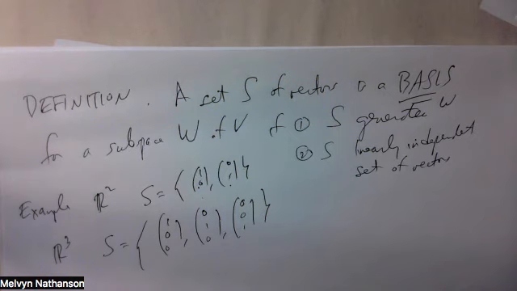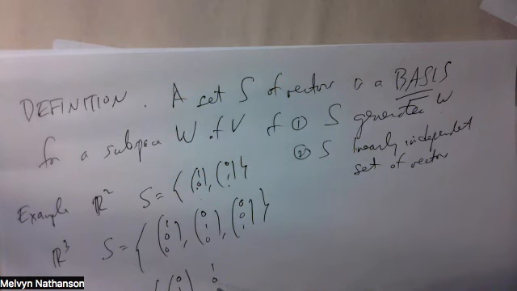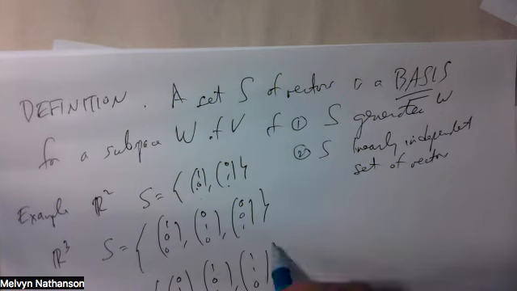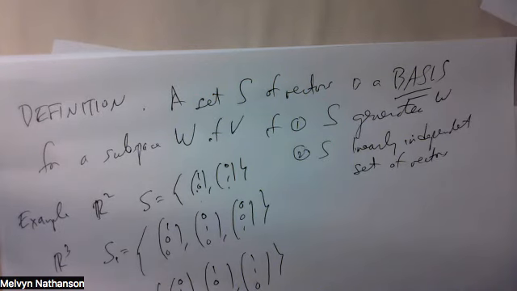In R3, this is one of the homework problems, I could take the 3 vectors (0,1,1), (1,0,1), and (1,1,0). And this is a different basis for R3, and so forth. And what we just proved is that every vector space has a basis. Given any set of vectors that generates the space, it contains a subset that's linearly independent, and so it forms a basis.